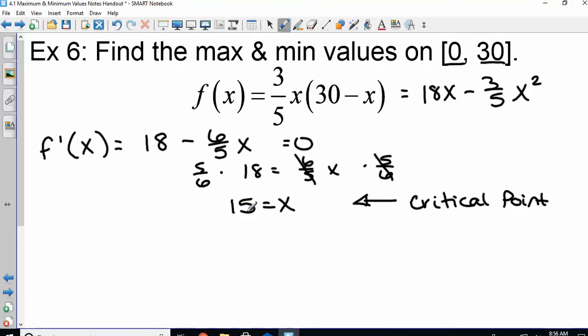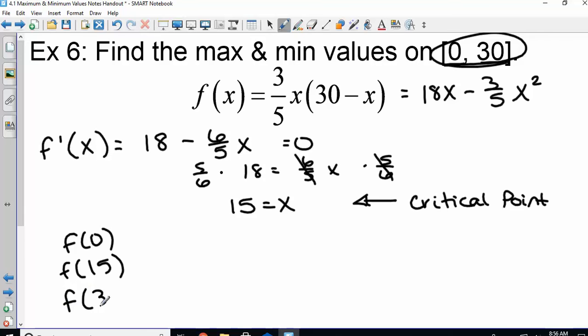If I had gotten a second x value, let's say like -2, would I use it? No, you have to test every x value that falls in this interval. It is possible that you might get some that aren't in the interval, and then we just disregard them. So we need to test 0, 15, and 30. We're plugging these into the original.